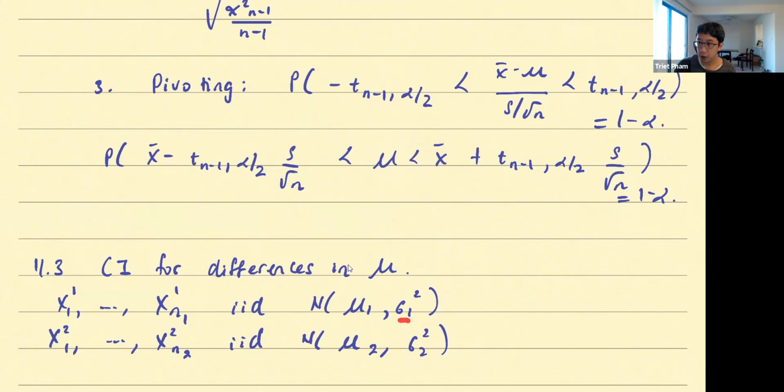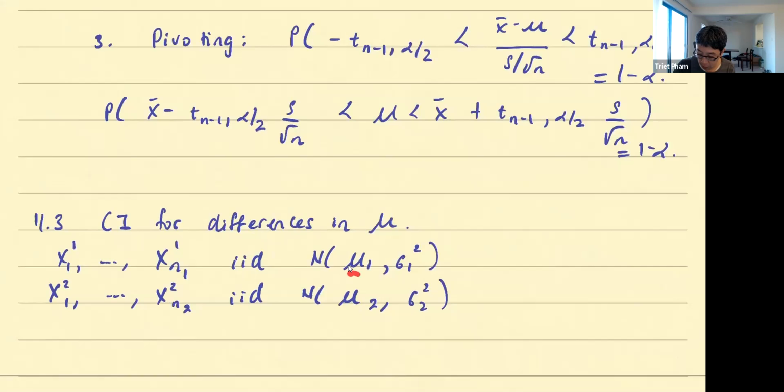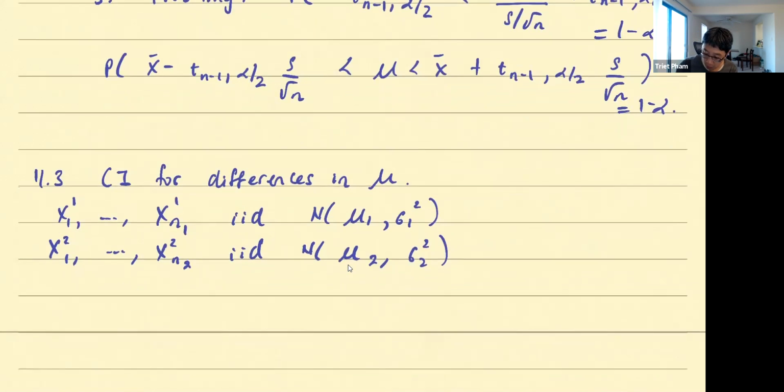But those are specialized cases, and you should understand the motivation on why we make those assumptions. But for the most general structure, we don't have to make any assumptions yet. So the theme right now is that mu1, mu2 are unknown, and we want to find the 1 minus alpha confidence interval for mu1 minus mu2.